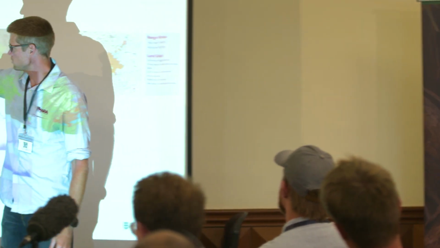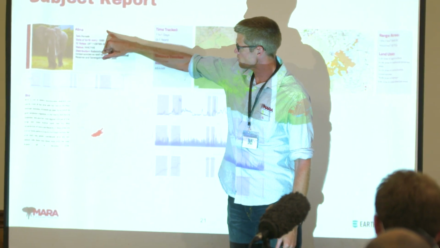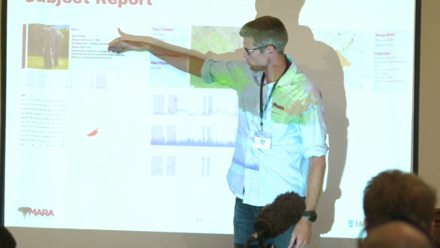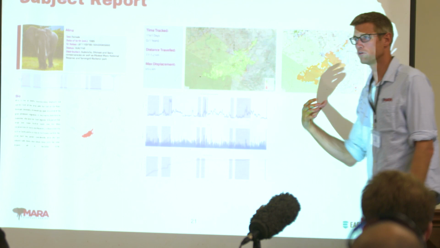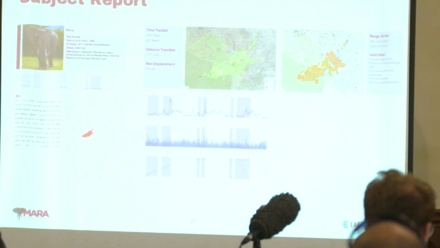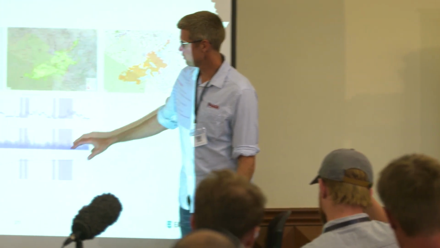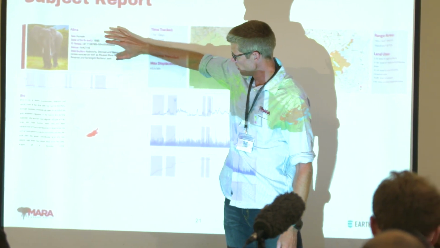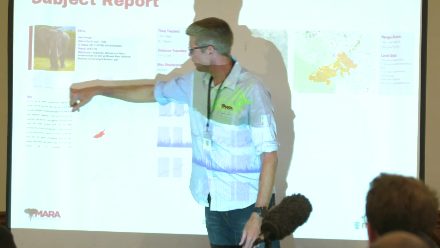We store subject information in EarthRanger: the sex, the name, the date of birth, some ID notes, and a distribution and a biography that we've written for every one of our tracked elephants. That information is very easy to store in EarthRanger, and our code can talk to EarthRanger, pull out the subject information, and then get all of the tracked data for that subject.